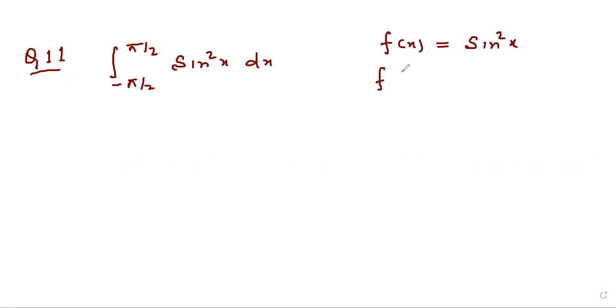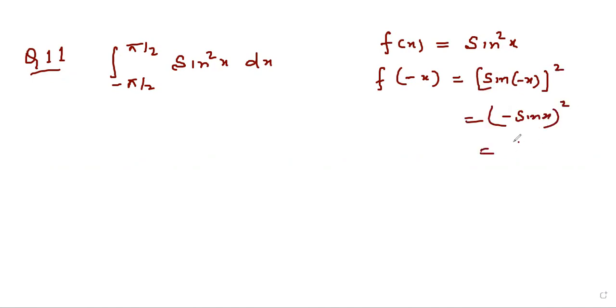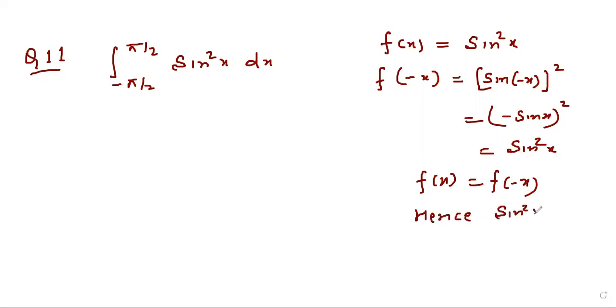If we change x to minus x, it will become sine of minus x, whole square. So this will be minus sine x square, that is sine square x. It means f(x) equal to f(minus x). Hence, sine square x is an even function.